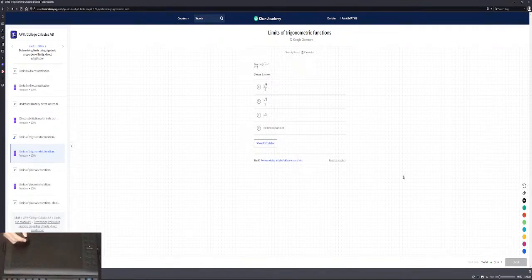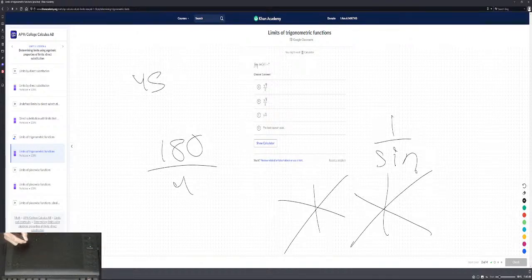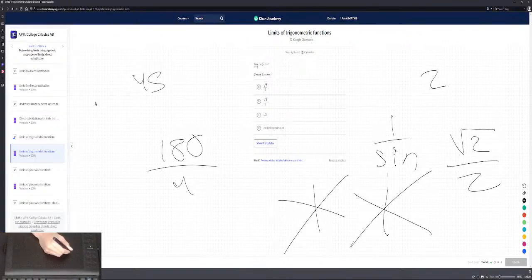The identification for CSC is 1 over sine. So 180 divided by 4 is 45. And the definition for sine 45 is square root of 2 over 2. So it would be 1 over square root of 2 over 2.